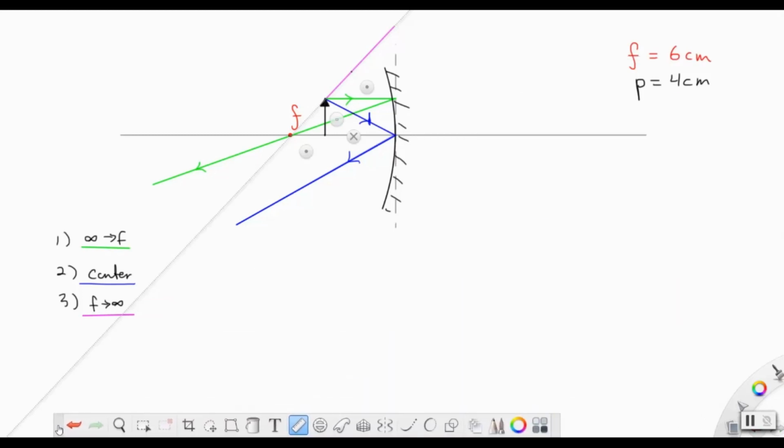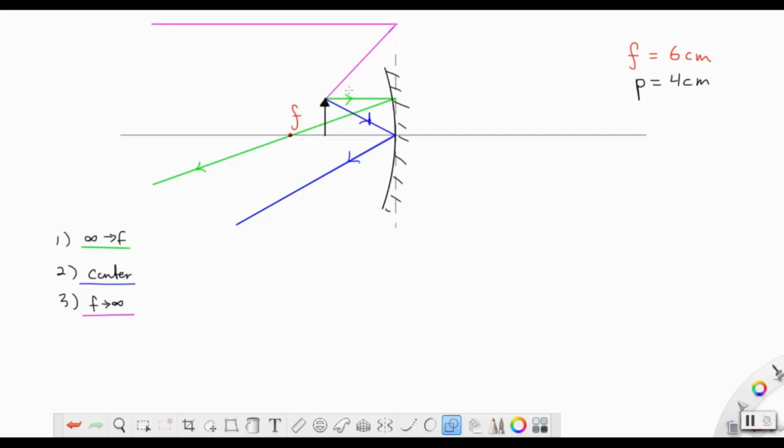So, since we're striking the optical plane here, we now need to take a parallel line going backward because remember, this is a concave mirror and it causes focal rays to go parallel to the optical axis.